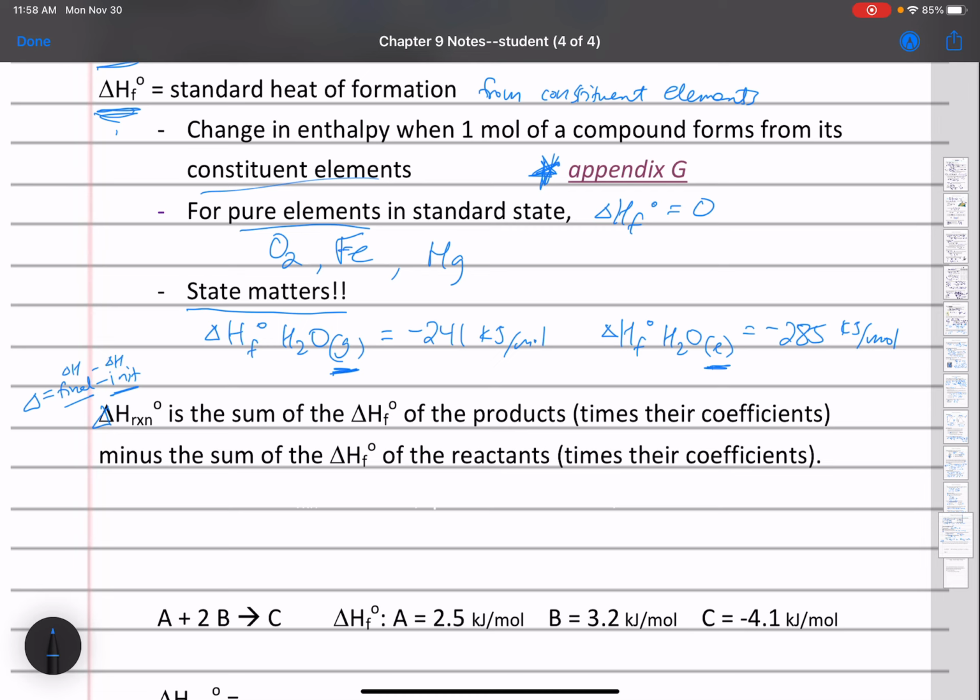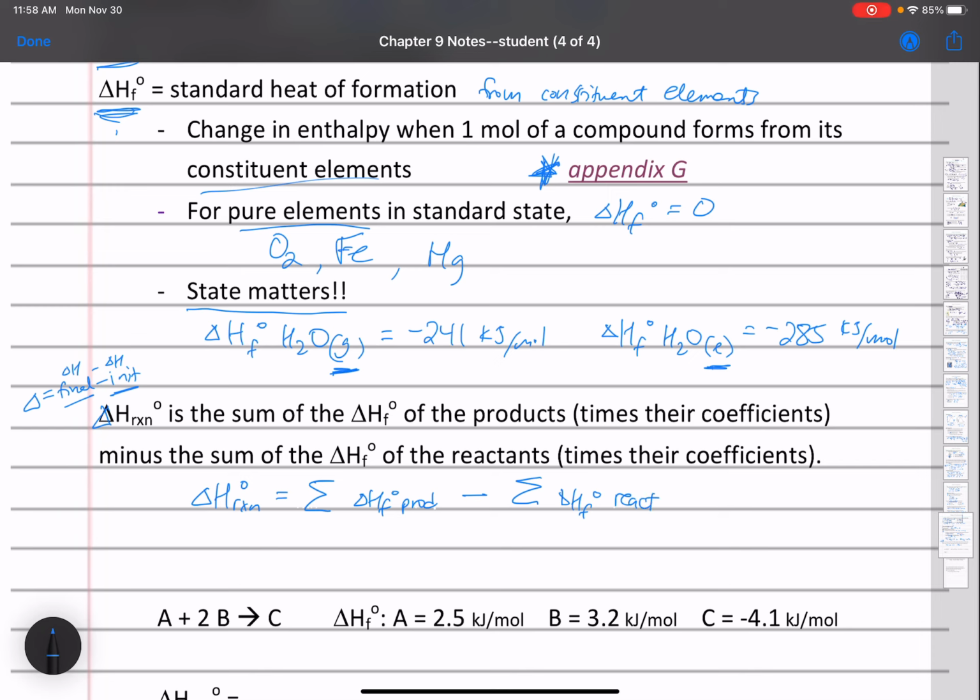We can write this out, and it looks a little complicated mathematically. The heat of the reaction at standard conditions is the sum of the heats of formation of the products minus the sum of the heats of formation of the reactants.